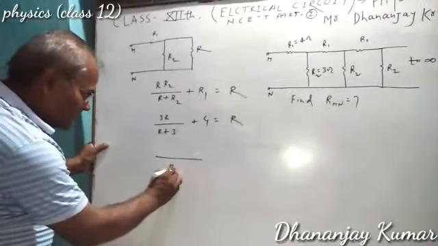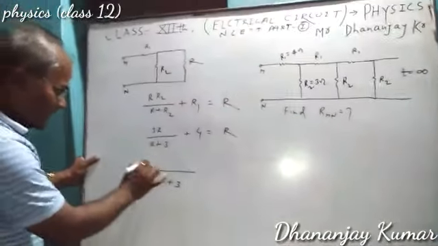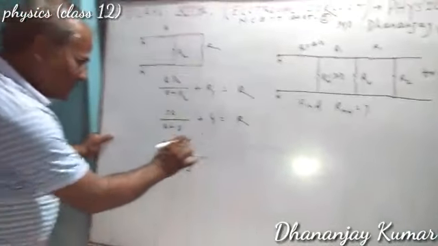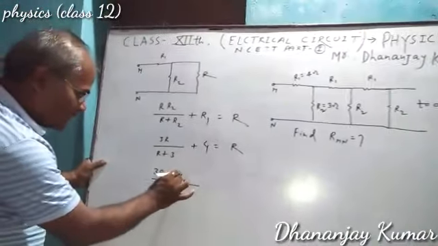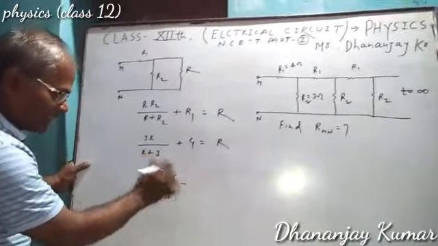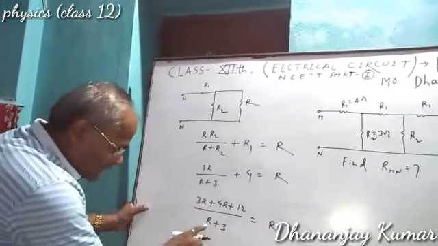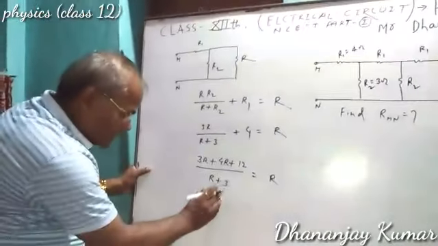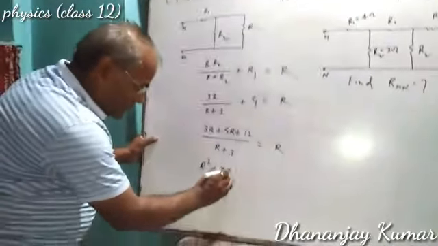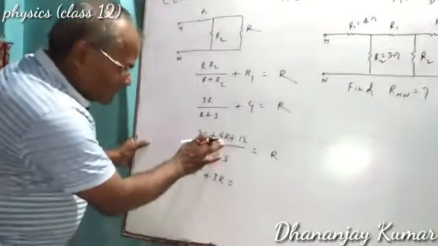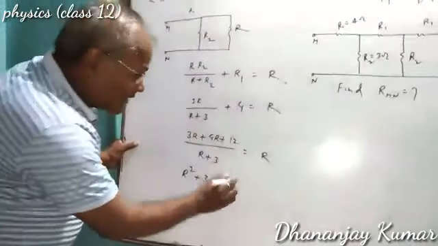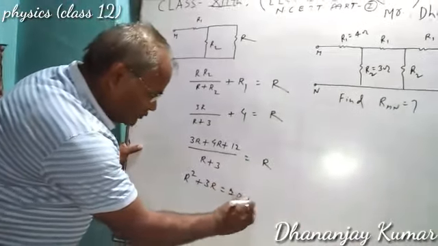Now taking the LCM R plus 3, we get 3R plus 4 into R plus 4 multiplied by 3, which is 12, will be equal to R times R, that will be R squared, plus 3R. That is 3R plus 4R, 7R, 7R plus 12.